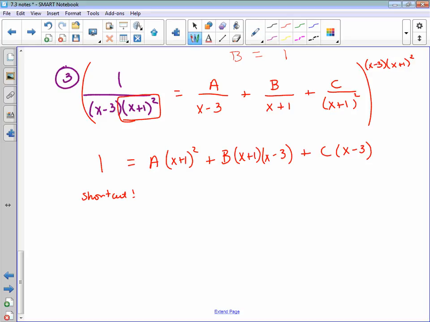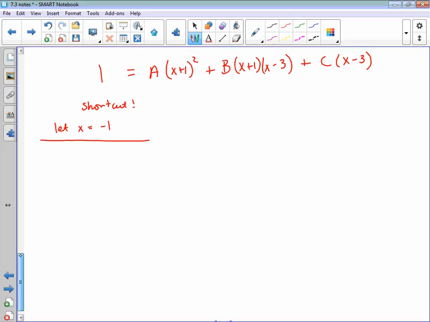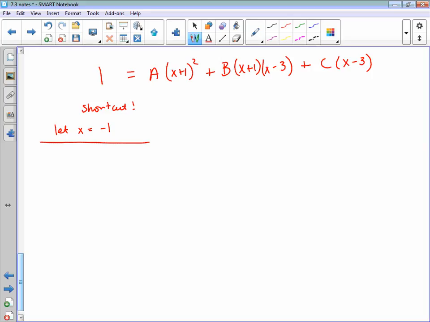So, if I look at that first, my A is times x plus 1. What would make the quantity x plus 1 equal to 0? Negative 1. So the first thing we're going to do, we are going to let x equal negative 1. So with my equation, you're just going to write out your whole equation.